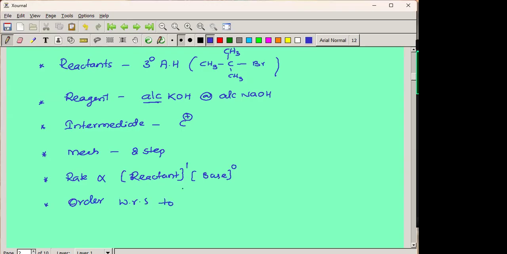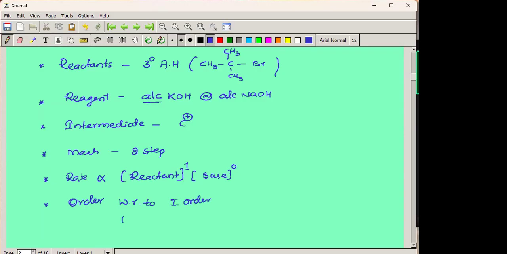With respect to reactant, what is the order? The power of the concentration of the reactant is called the order. So with respect to reactant, what is the order? It is a first order reaction.